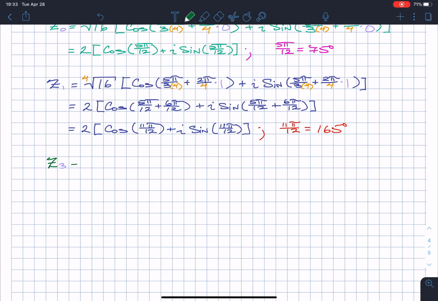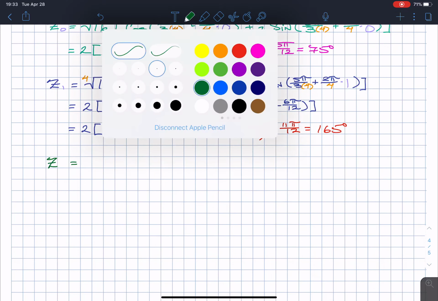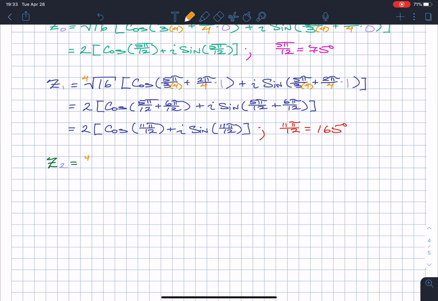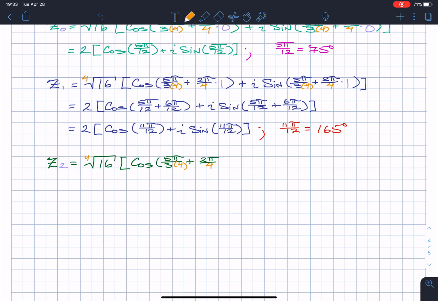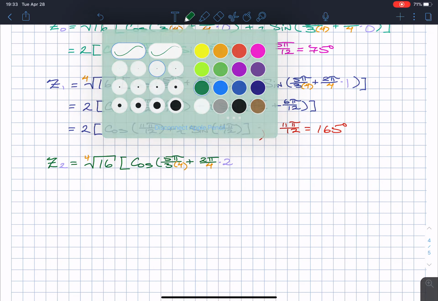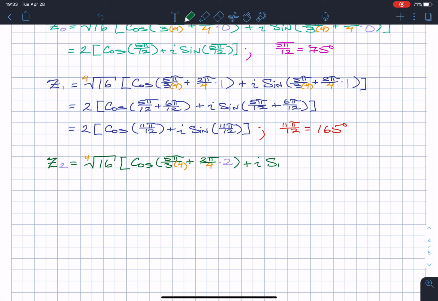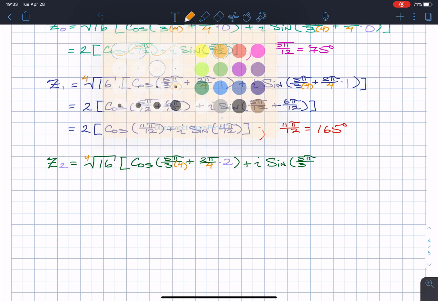Why can't I speak and write at the same time? Z sub 2 is the third root. So what we're going to get then is the fourth root of 16, once again, times the quantity, cosine of 5 pi over 3 divided by n, which in this case is 4, plus 2 pi divided by n, and the subscript for this term is 2, plus i times sine of the same 5 pi over 3 divided by 4.